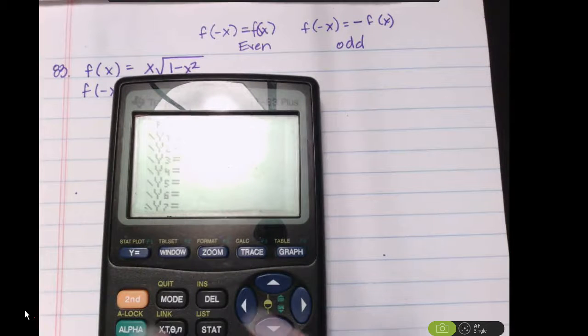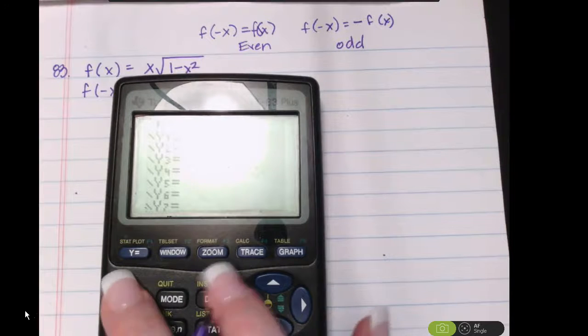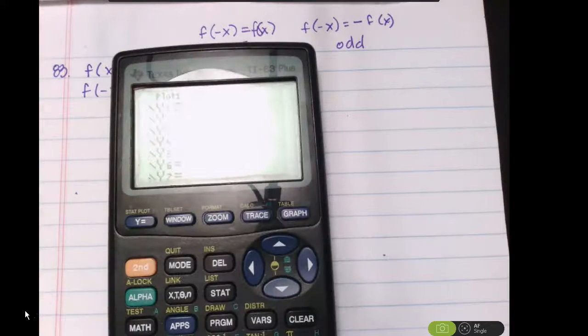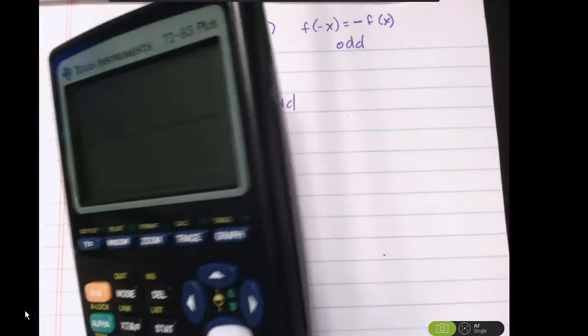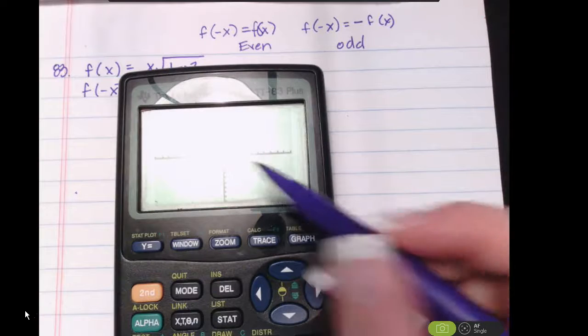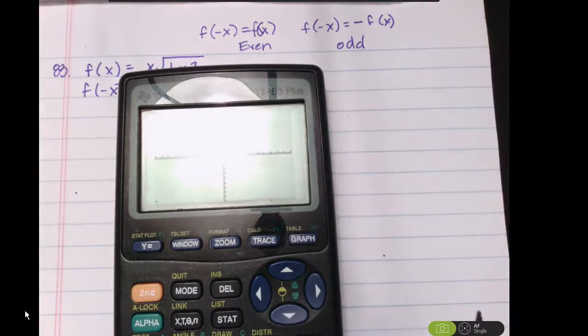Now I want to graph it, and let's clear that. So we have x times the square root of 1 minus x squared. Okay, that is super small right there on the axis. You can't even see it.